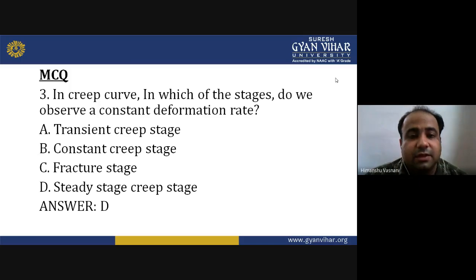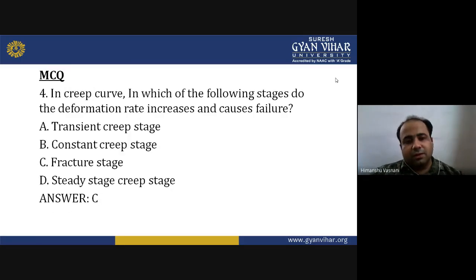In this you can see that we observe a constant deformation rate. In the creep curve, in which of the following stages does the deformation rate increase the most? You can understand it is the fracture stage, the last stage in which the fracture happens.